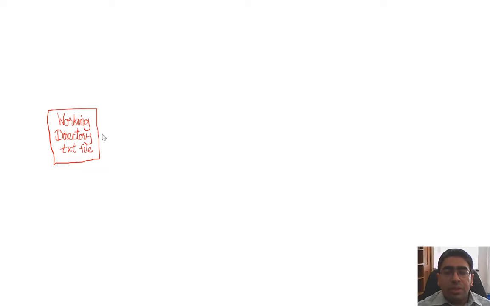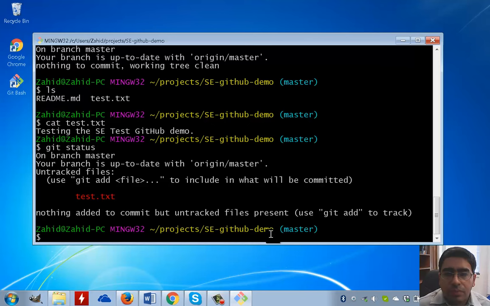We need to specifically tell Git about the files we want it to manage within this directory. We inform Git about the new file by using the add command. Git add test.txt.